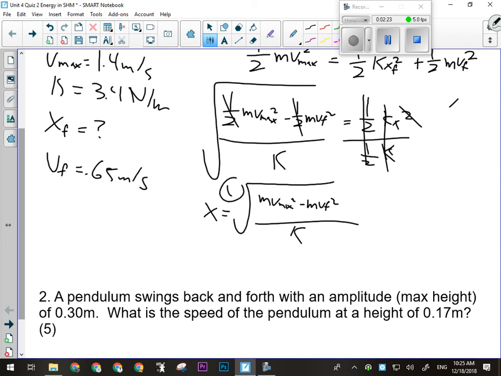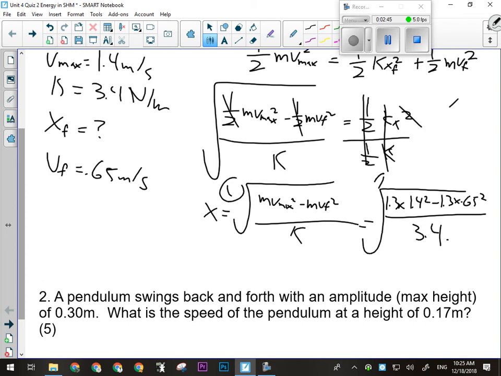That's their third mark. We'll say the fourth mark is for plugging in numbers. So that'll be 1.3 times 1.4 squared minus 1.3 times 0.65 squared, divided by 3.4.